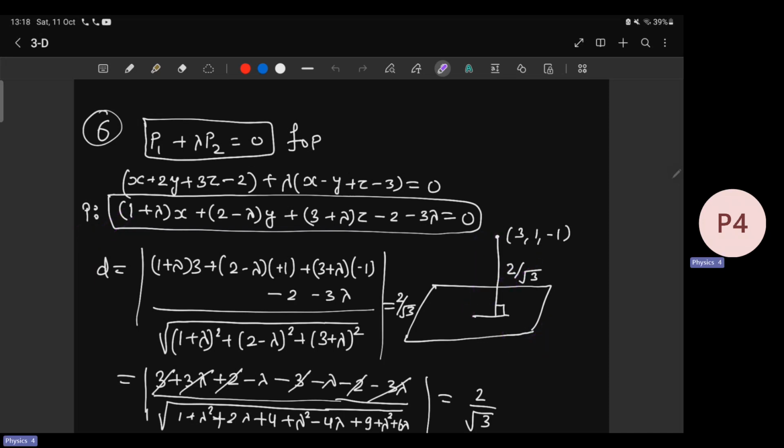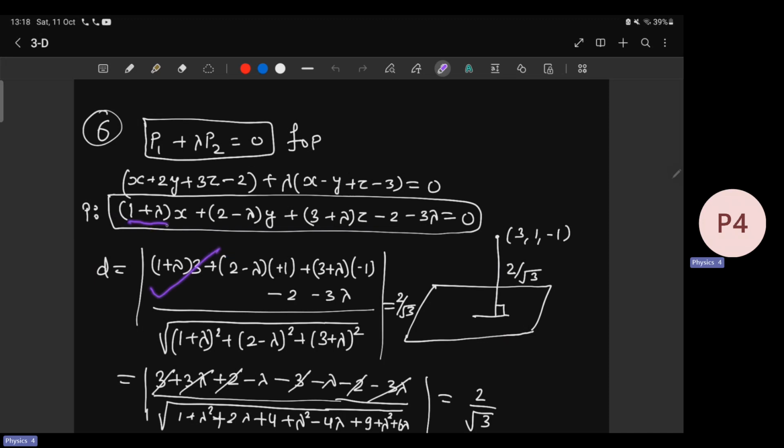2 by root 3. This is the simple distance formula. We already know the formula to find the distance of a point from a plane, that is d equals (ax1 plus by1 plus cz1 plus d) upon root of a square plus b square plus c square. Just simply apply this formula.